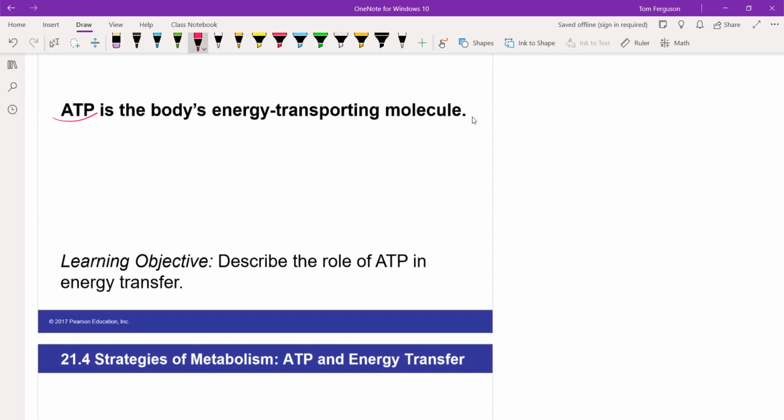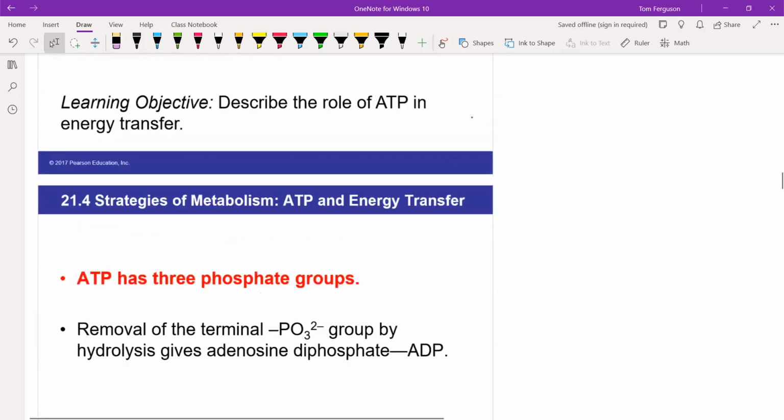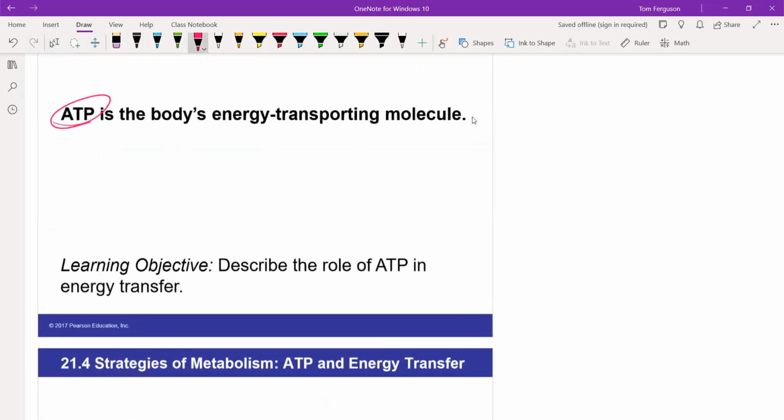All right, so this is adenosine triphosphate. Adenosine is a, there's a structure of it in a minute. So adenosine triphosphate has 3 phosphate groups. Adenosine diphosphate has 2.